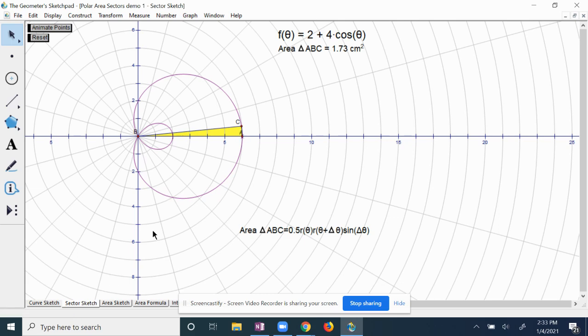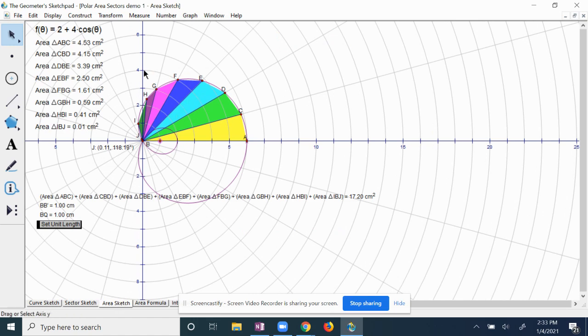But if I split it into thinner and thinner changes in theta, I'm going to have less and less error as far as those being sectors versus being sections of this particular curve. So I'm going to minimize that error a lot.